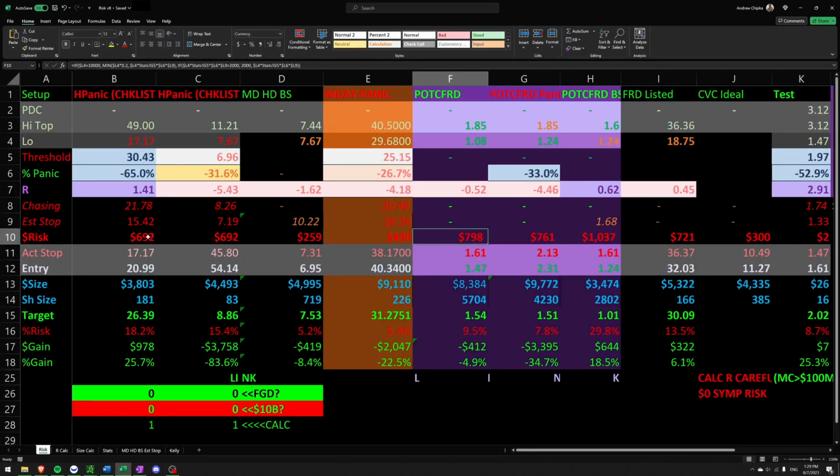I have a certain base risk that I want to do. If you're using the Kelly percentages, sometimes you're risking 50% of your account. And in day trading, that is very far outside what you're supposed to do. In trading in general, you're supposed to only risk between 1% and 5% of your account.